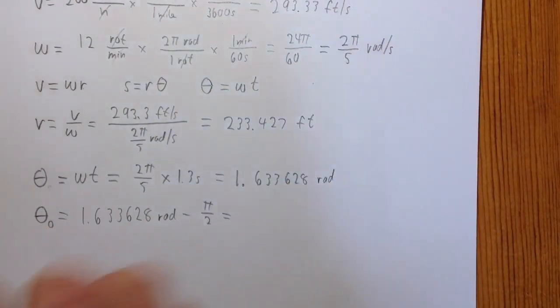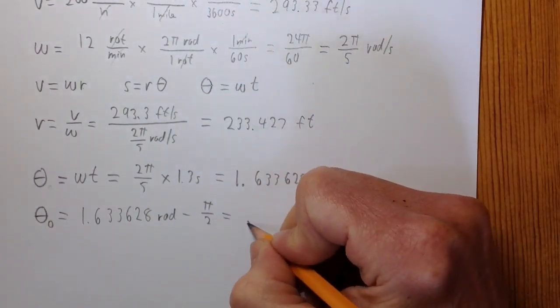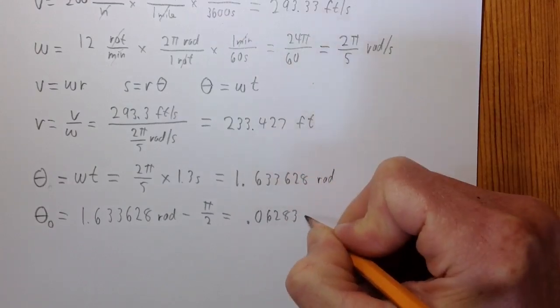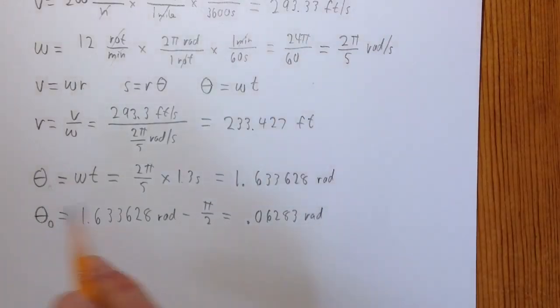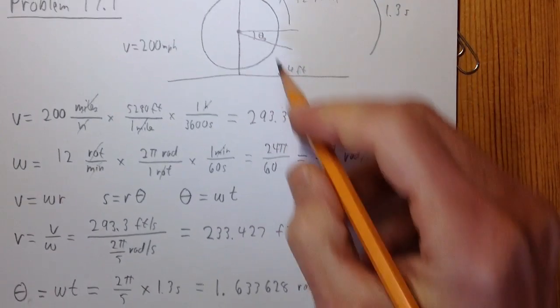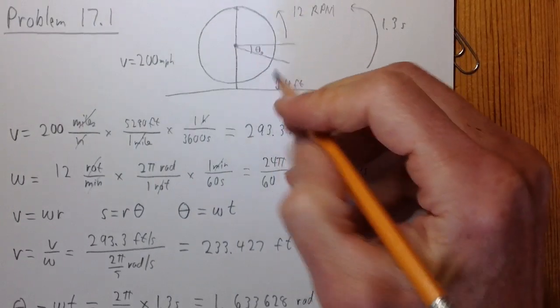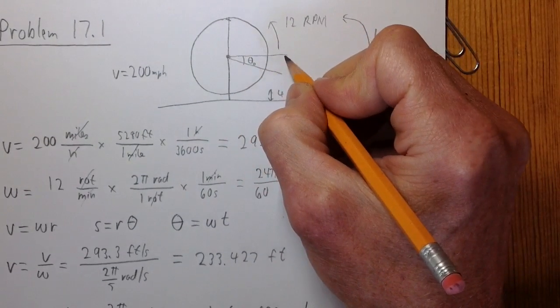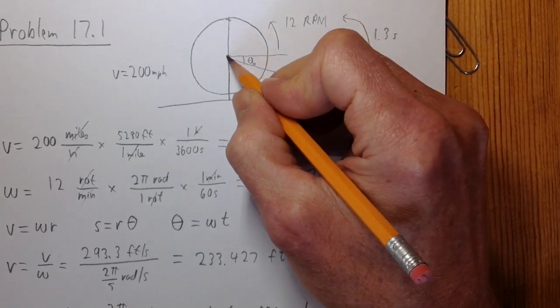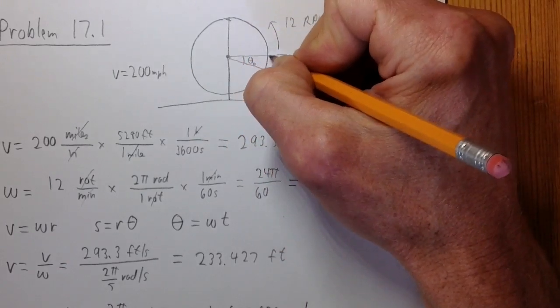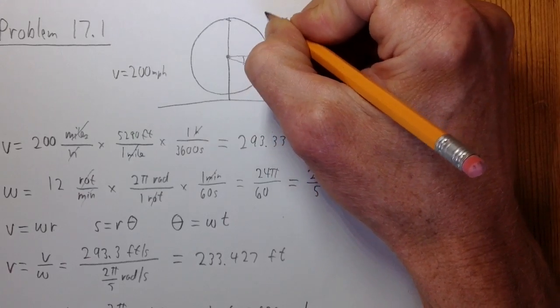Okay. And when you do that, you get 0.06283 radians. That's the starting angle. The starting angle is that far below 90. Really, in math we always call this 0, just so you have a starting point. So everybody agrees that a horizontal line starting at 0 and going counterclockwise is the positive direction.